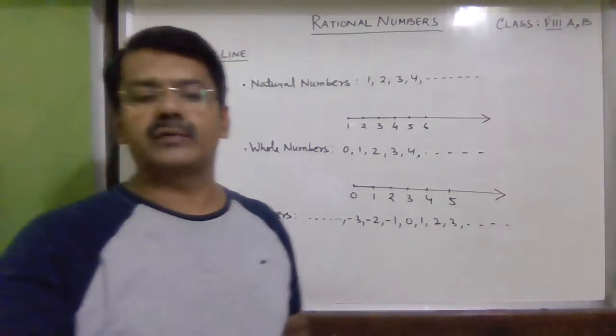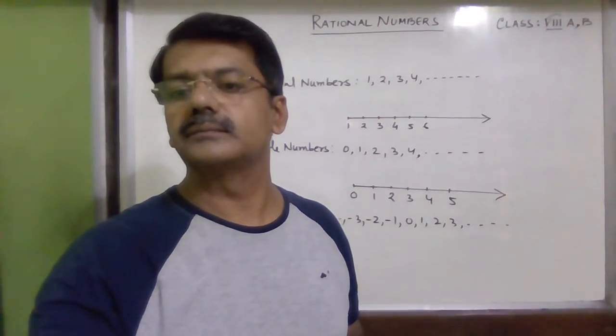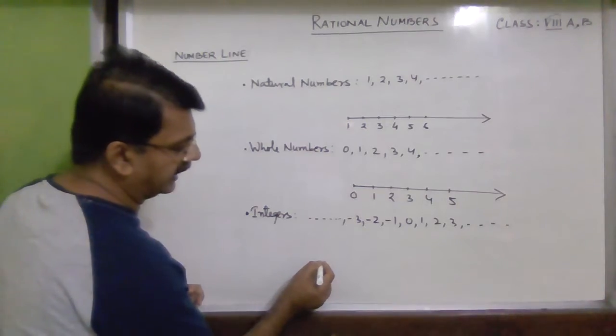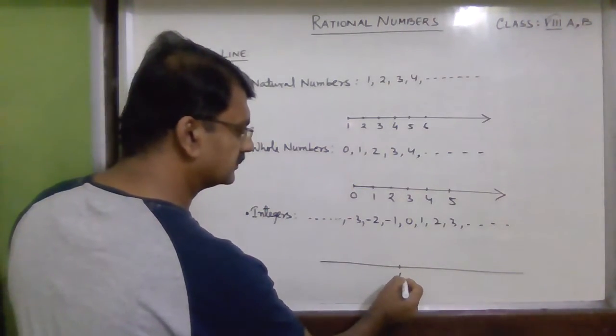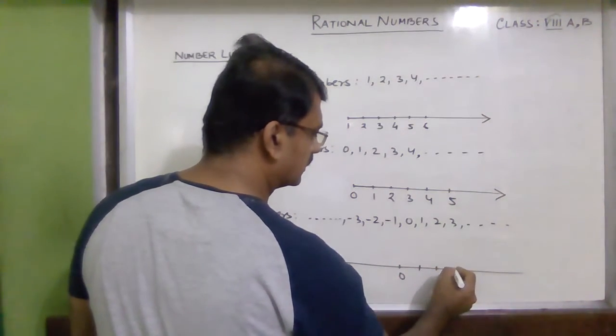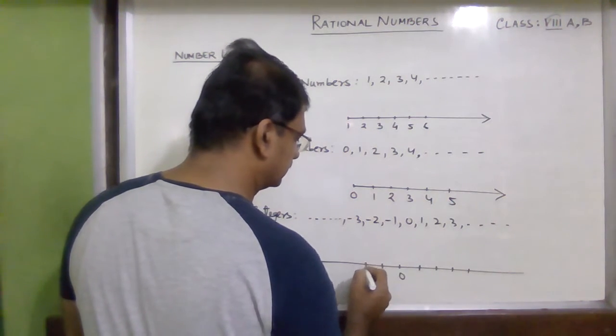Okay, now what we do, you draw a line and put a 0 here, and then mark on either side.